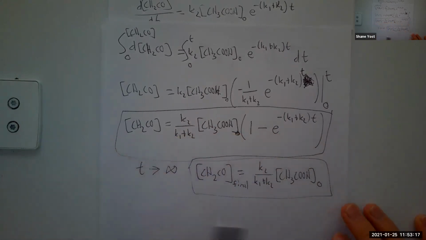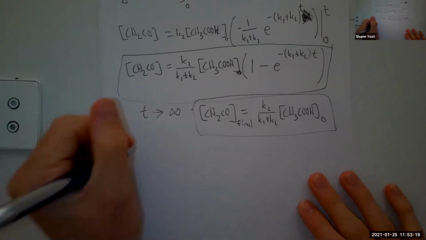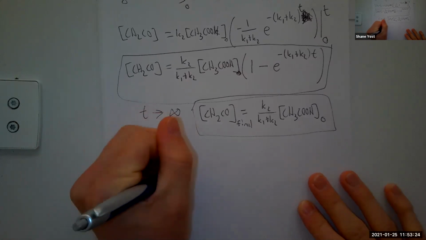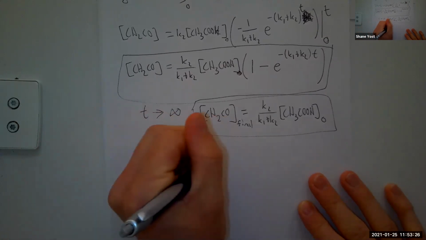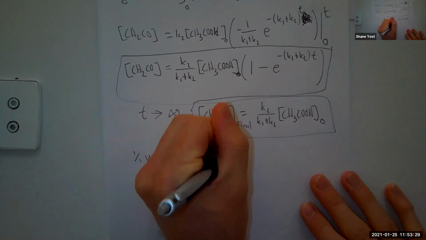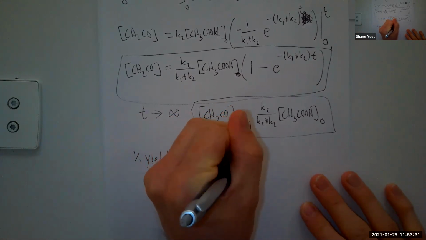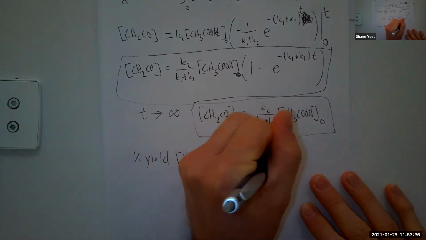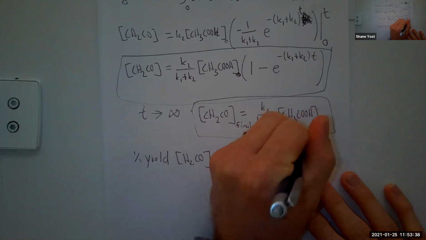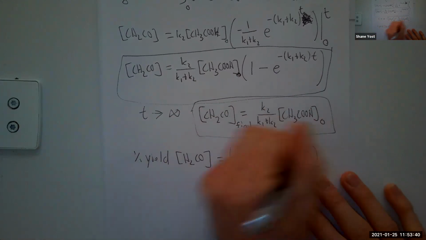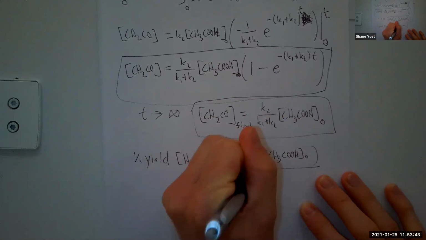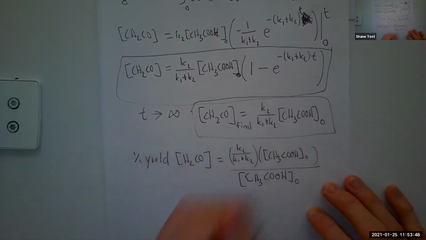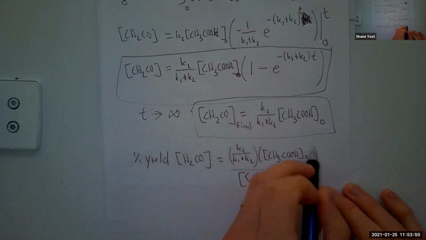So finally, plugging this back into our initial thing, our percent yield of CH2CO is just going to be equal to K2 over K1 plus K2 times CH3COOH not divided by CH3COOH not, which these two things cancel.